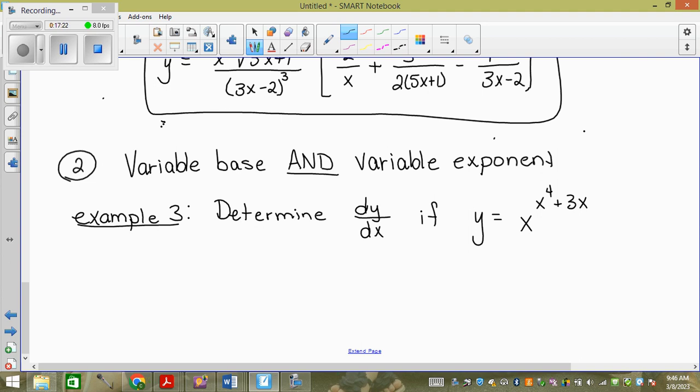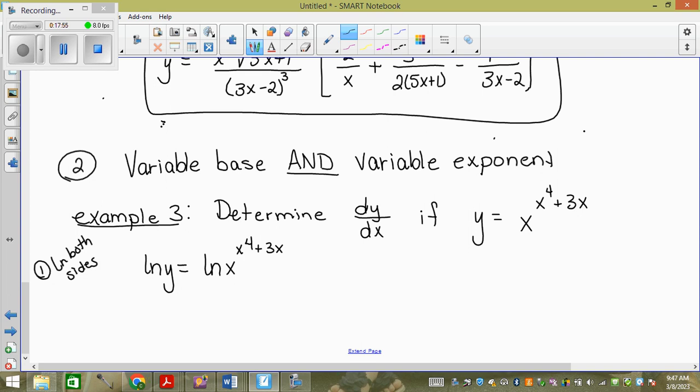So logarithmic differentiation literally just means I ln both sides to get something to work. Then we do math to finish out the rest of it. So I'm going to ln both sides. So I'm going to get ln of y equals ln of x to the 4 plus 3x. So, step 1, ln both sides.